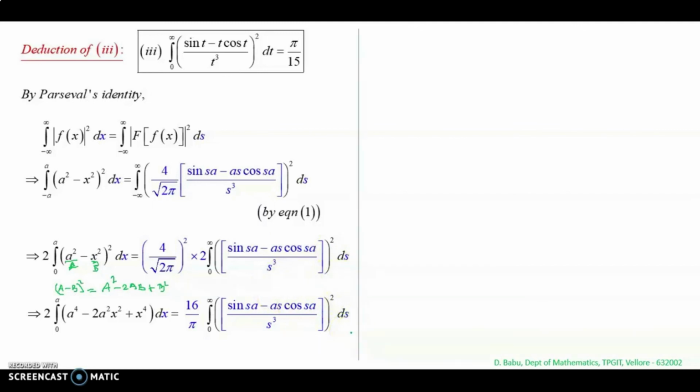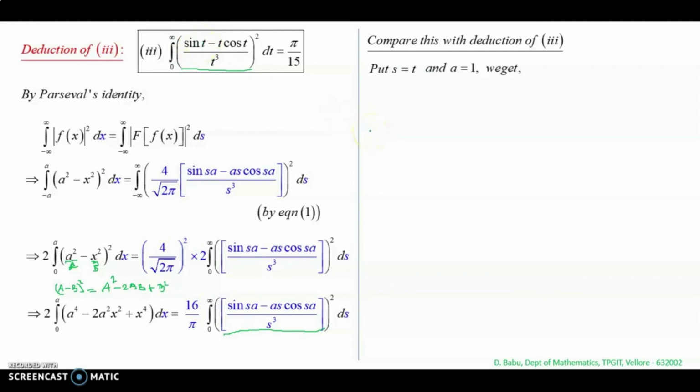Now compare this with deduction of 3. Compare this bracketed term with that bracketed term. Here the denominator is s cube, there the denominator is t cube. Therefore substitute s equal to t. When s equals t, this is sin ta, and there it is sin t, therefore put a equal to 1.